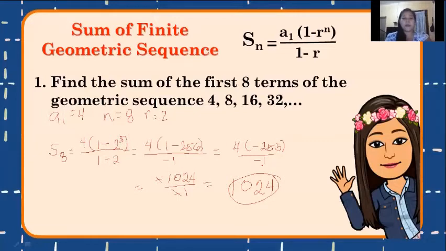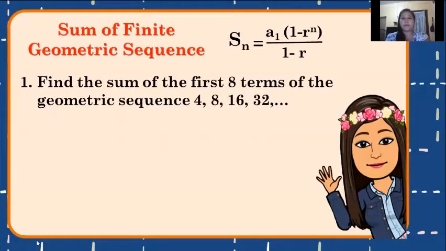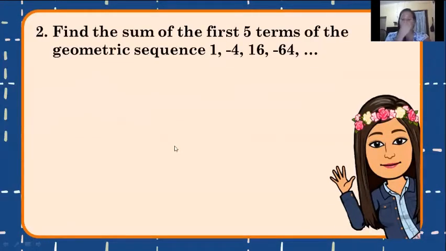Okay, so let's have the next one. For our next example, find the sum of the first 5 terms of the given geometric sequence 1, -4, 16, and -64.